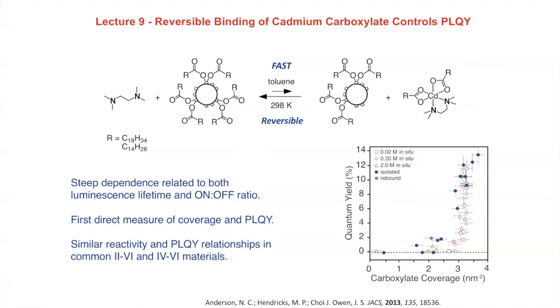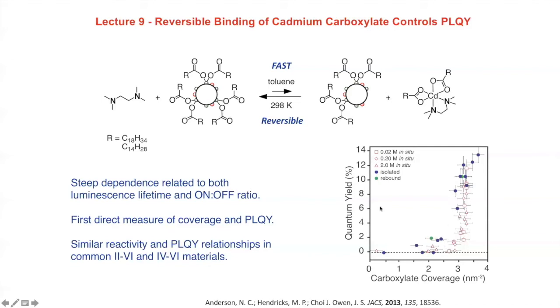Okay. More broadly speaking, this kind of relationship between ligand binding and quantum yield has been published many times over. Many people have observed that the quantum yield is sensitive, and generally speaking, higher coverage of ligands gives higher quantum yield. Not always, but in many cases, that's been shown to be true. Nick's case was just a little more quantitative, but very interesting. You can see the photoluminescence drops off very suddenly at this concentration.